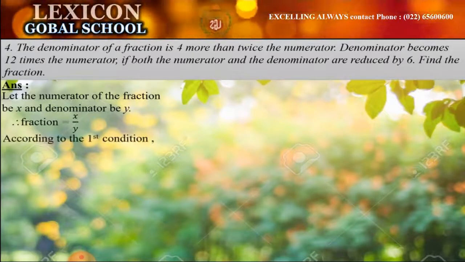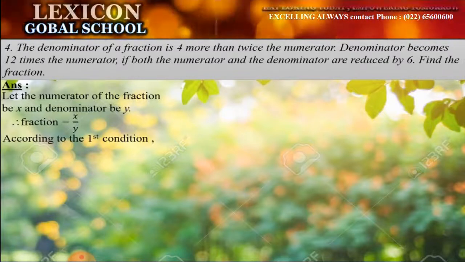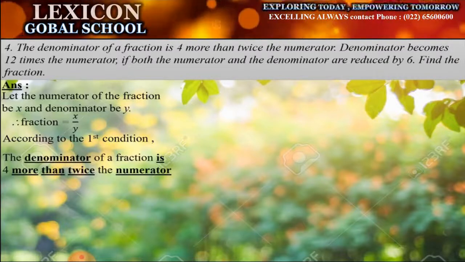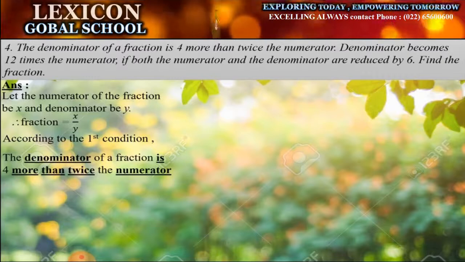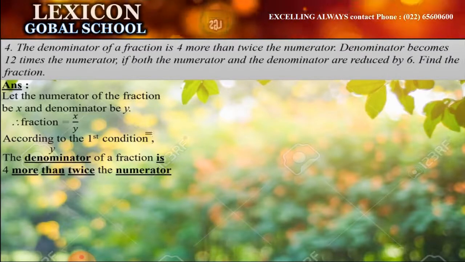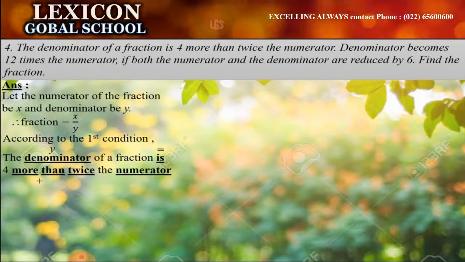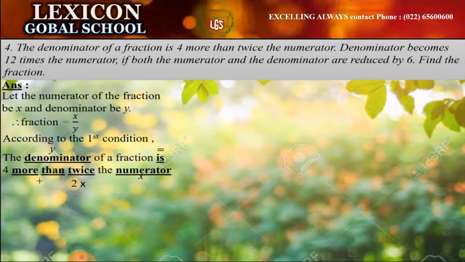According to the first condition, the first statement, the denominator of a fraction is 4 more than twice the numerator. Let us underline the words. Since we have denominator, denominator is y. Is equal to, more than means addition, twice means 2 into, numerator is x.